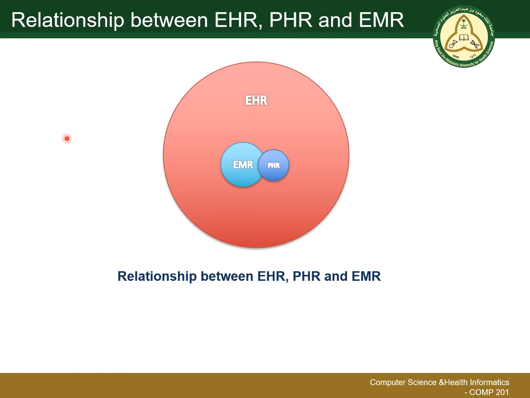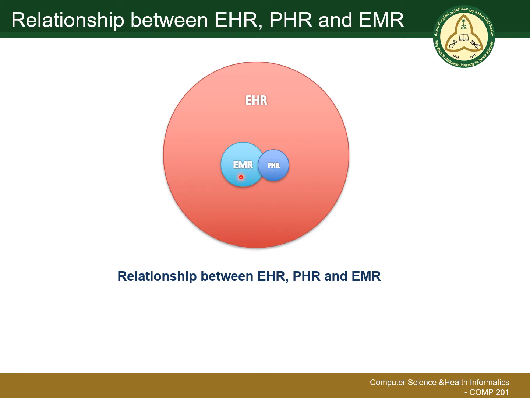So in this slide, we will explain the relationship between the electronic health record, the personal health record, and the electronic medical record. As you can see, the electronic health record is the larger system that includes the electronic medical record and the personal health record.